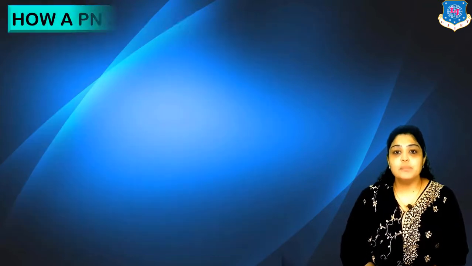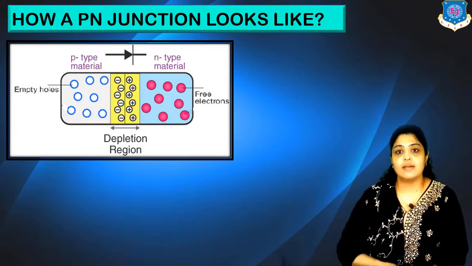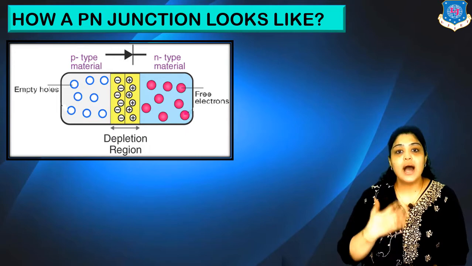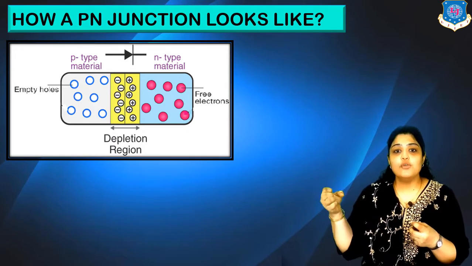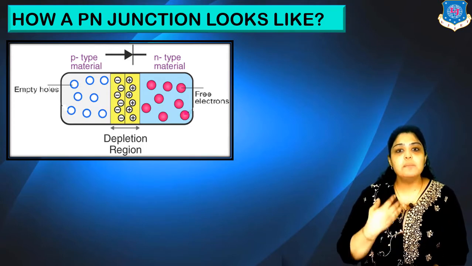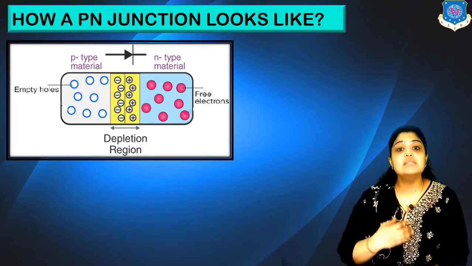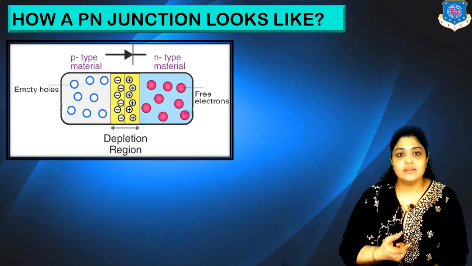Let's have a better look at what a PN junction diode is. How does it look like? So this diagram shows you how a PN junction diode looks like. It is basically formed when you fuse a p-type and n-type semiconductor. Now we all know that p-type semiconductors have holes as majority charge carriers and n-type semiconductors have electrons as majority charge carriers, right?